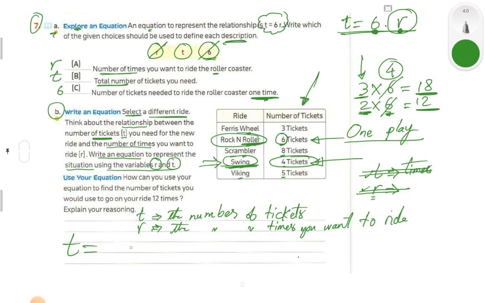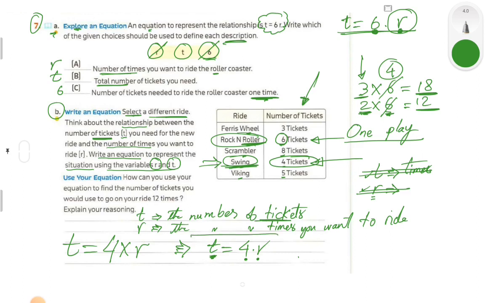One time needs 4, multiplied by the number of times you want to ride, r. I can write this equation as t equals 4r. So 4 for one time and r number of times. If I multiply the number of tickets for one time and the number of times, I will get the total number of tickets.